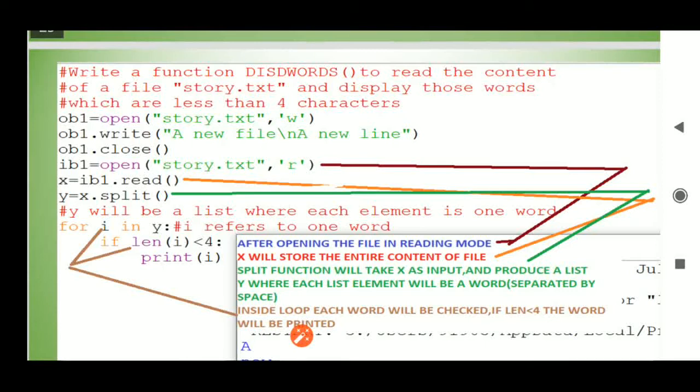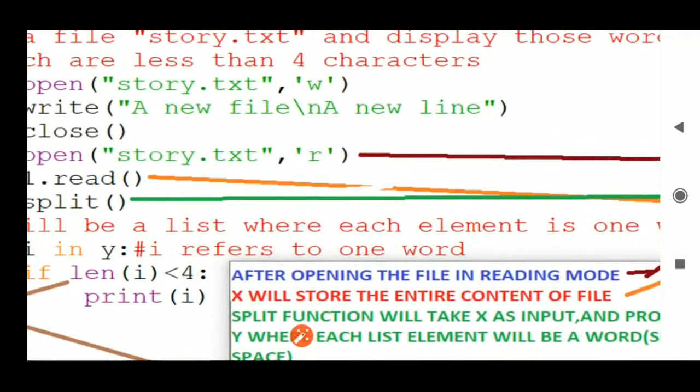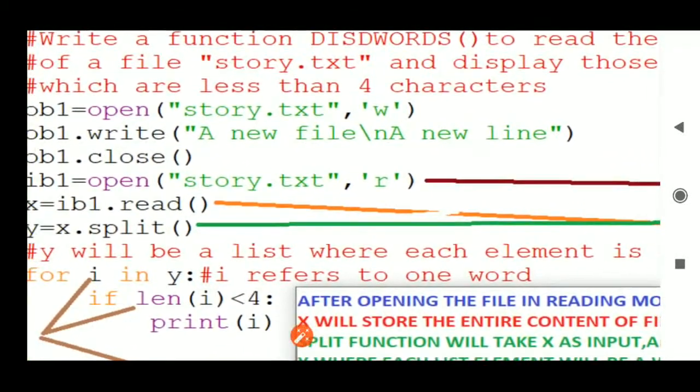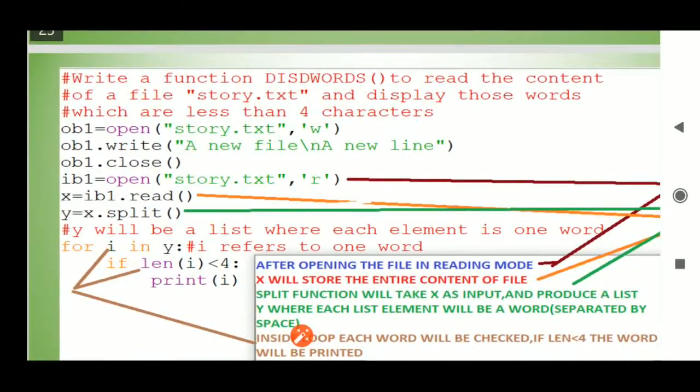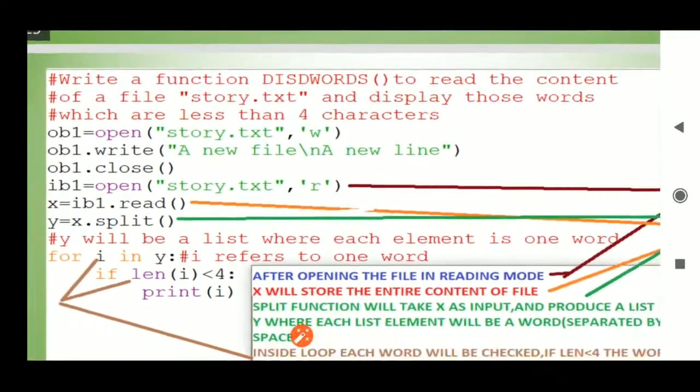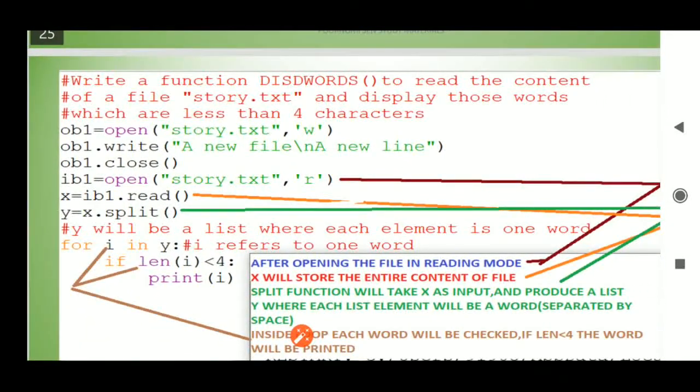ob1 equals open story.txt in w mode. In the first three lines, we are writing the content inside the file. We have created two lines inside the file: a new file, and the second line is a new line, and we are closing it.